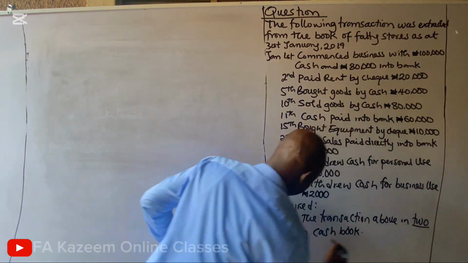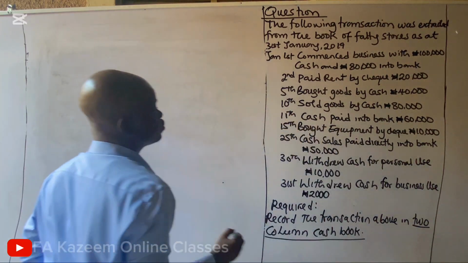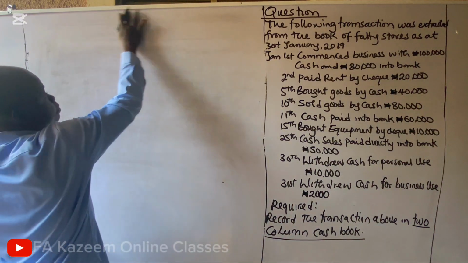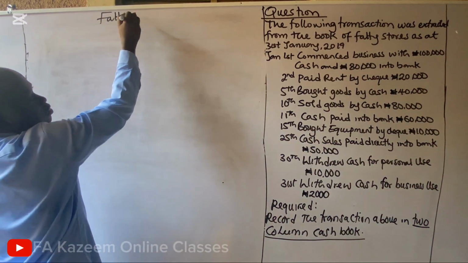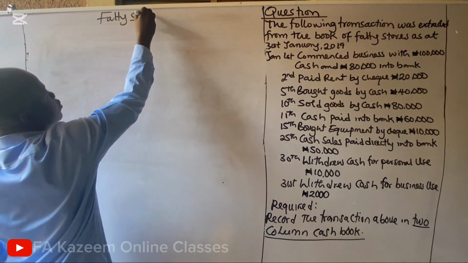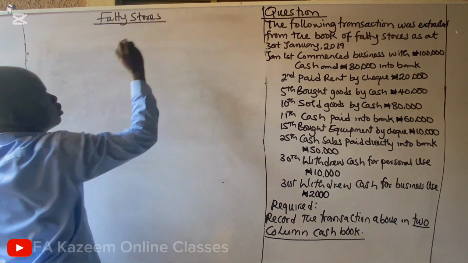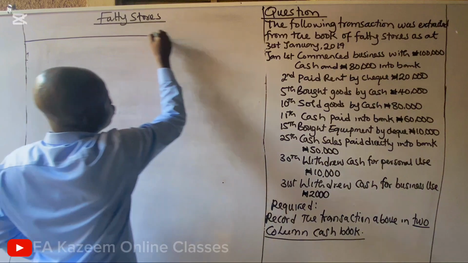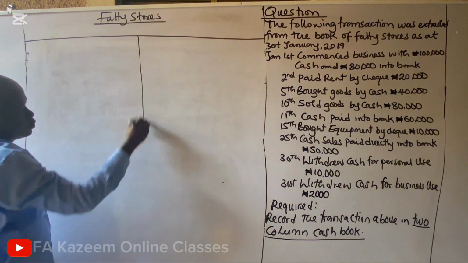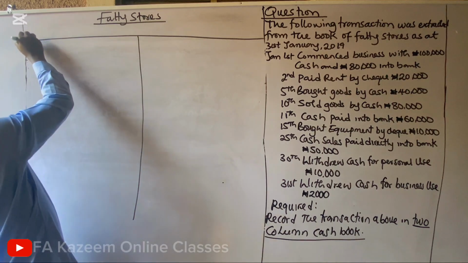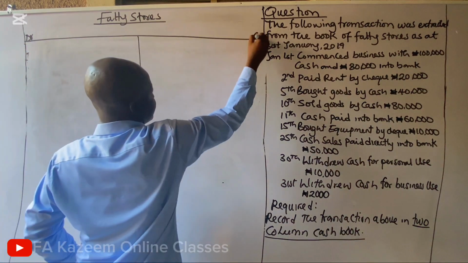In a two-column cashbook, how do we solve this? We'll first put the name of the business, Party Stores. After that, we'll draw the two-column cashbook. We'll put debit and credit.